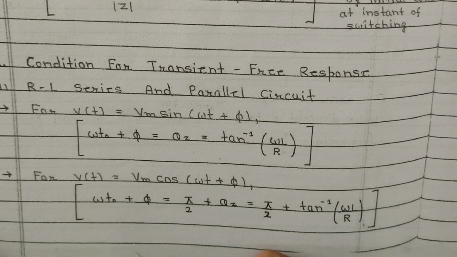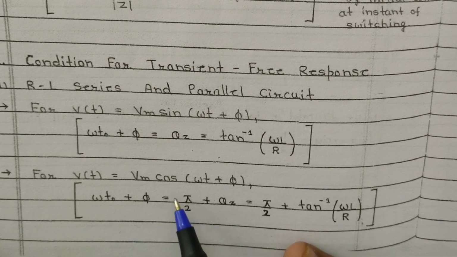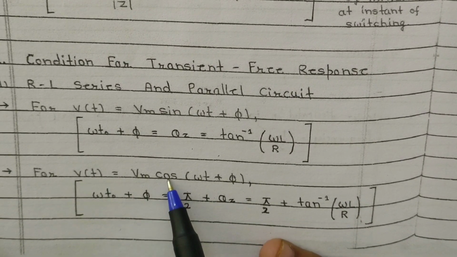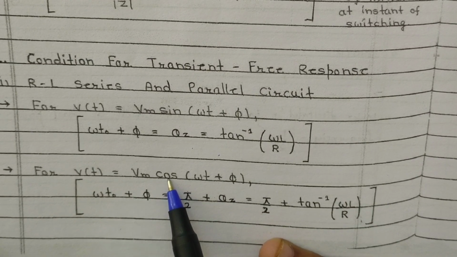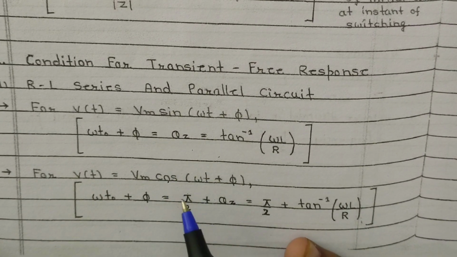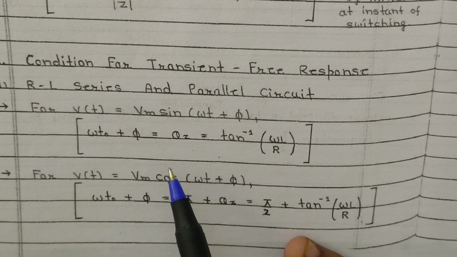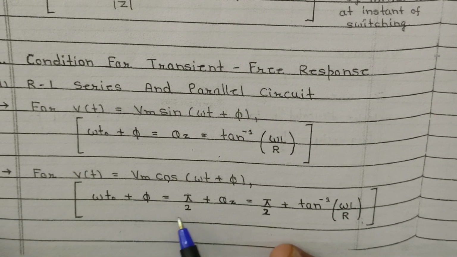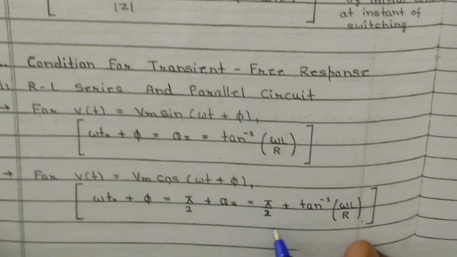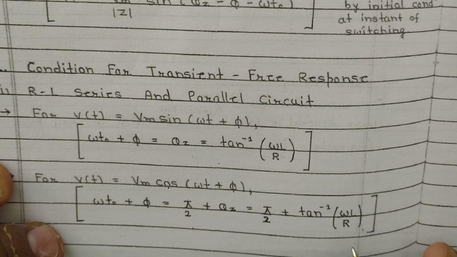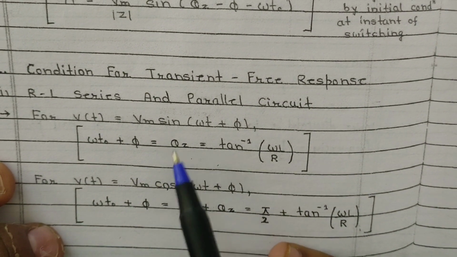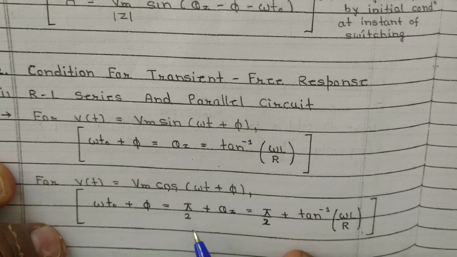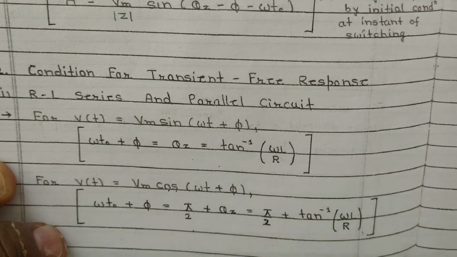In case the voltage is Vm cos omega t plus phi, here the cos term is used. You get the cos term from the sine term by adding 90 degrees. So omega t plus phi equals 90 degrees plus theta z, that is tan inverse of omega L by R. If the source voltage changes from sine to cos, you add plus 90 to the impedance angle.